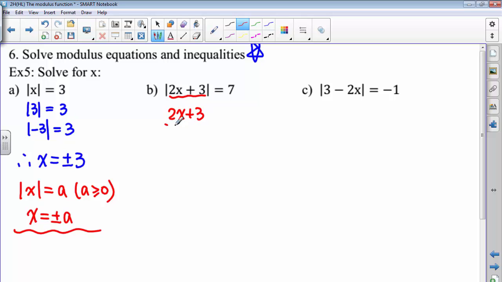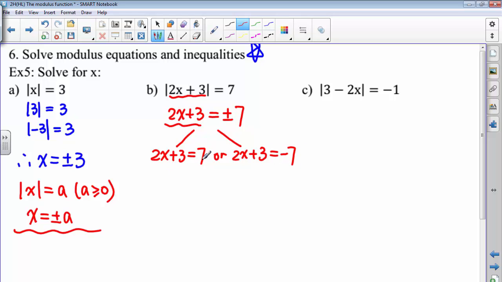I will take this one as one family. 2x plus 3 equals plus or minus 7. So from this one, you can get 2x plus 3 can be positive 7, or 2x plus 3 can be negative 7.